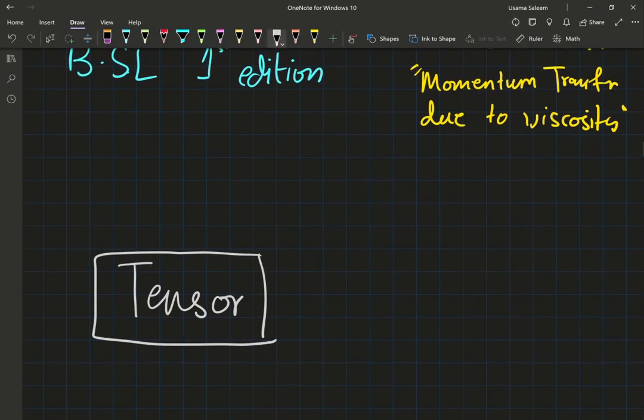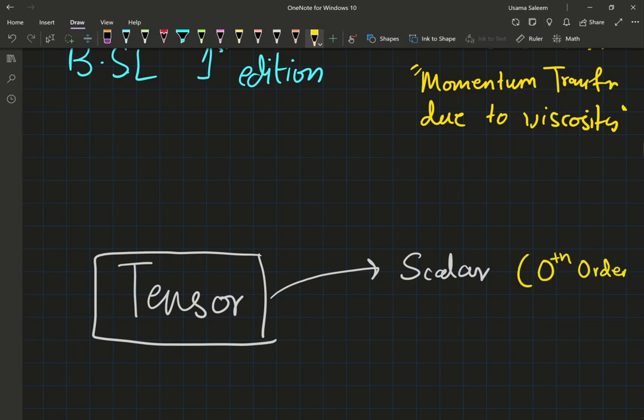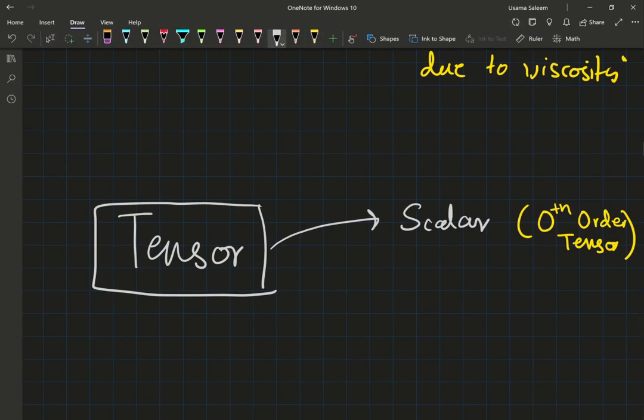So basically, a scalar is actually a zeroth order tensor because you don't need a direction to specify a scalar. What's next? A vector.